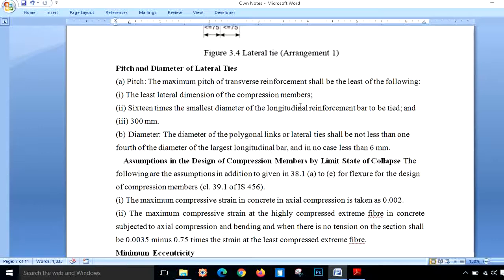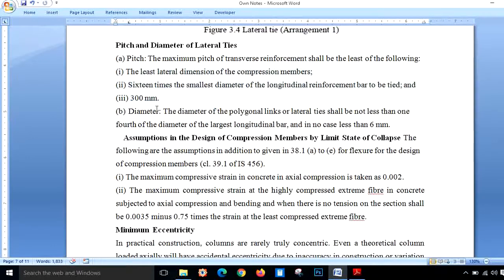Or else 300 mm. So pitch should be the minimum of these three criteria. Next, diameter. The diameter of transverse reinforcement rings.